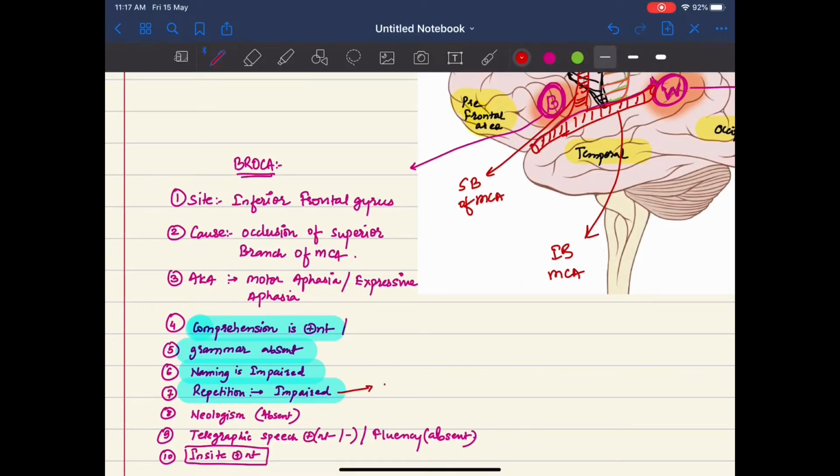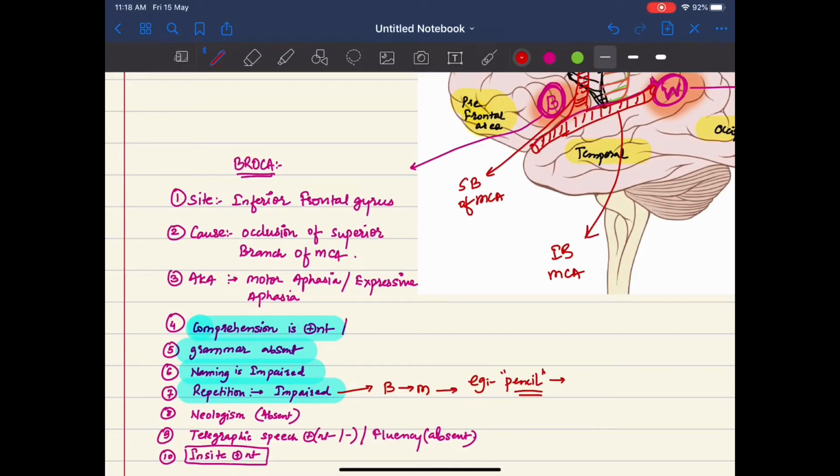So these are some important terms which you should remember. See, Broca's is associated with your motor area, and it will help in identifying. For example, I'll show you a pencil and ask you to name it. What is it? The patient may not be able to tell that it's a pencil, but he knows it is a pencil.